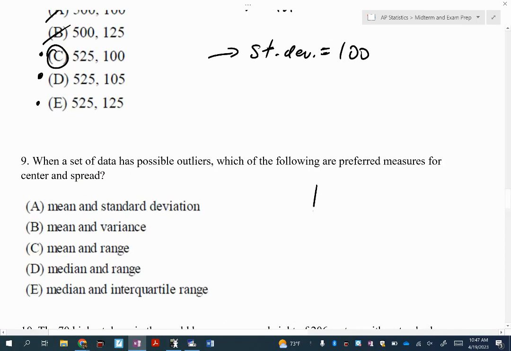I mean, like if I draw this, and then I put one out here, right? Do you see this bin out here? What's that going to do to the mean? It's going to pull the mean towards it, right? It's going to impact the mean. So should I be using the mean to describe this set of data? No, you can. It's just what would be a more appropriate measure of center to use? The median.